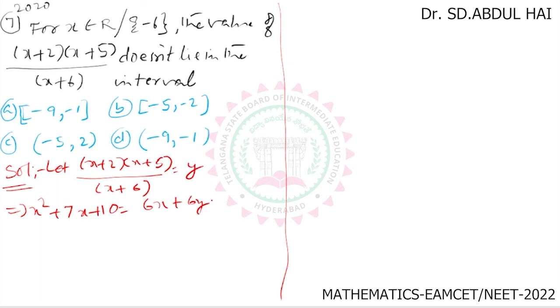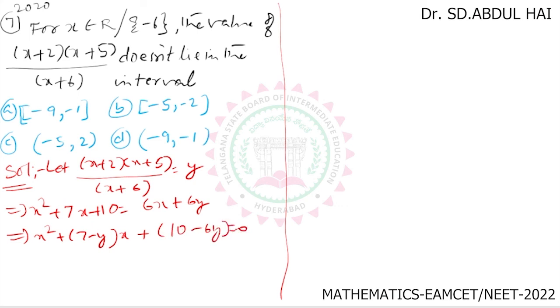Okay, so if I bring this to the left hand side and make it into the quadratic equation, so what I am getting, x square plus 7 minus y into x, because x is common, plus 10 minus 6y is equal to 0.